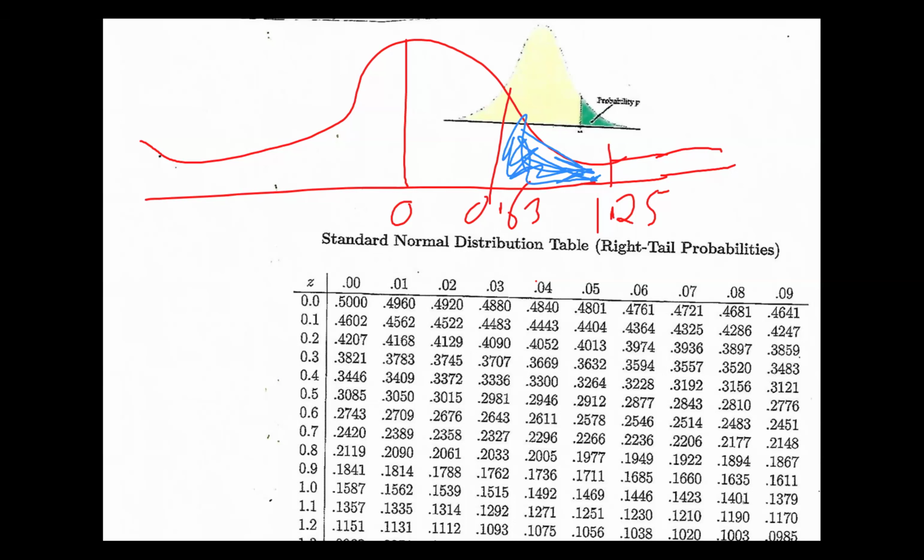Then these probabilities which we are going to find for 0.63 and 1.25, we are going to subtract from that same 0.5.